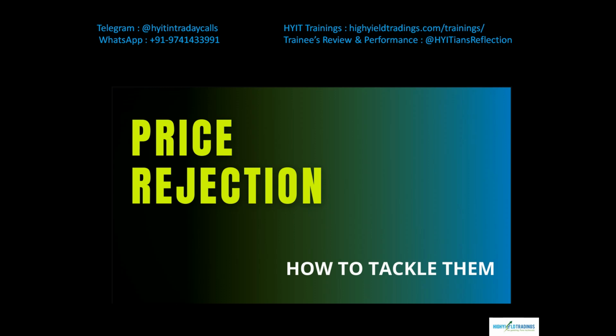This is one part of it, wherein you see considerably long wicks above the candlesticks and anticipate that the sellers are not ready to settle at a higher price. In other words, there is a price rejection happening here.